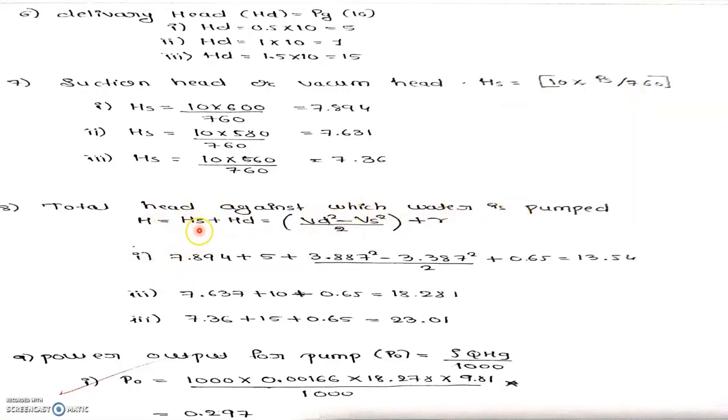Again you use HS, since you already have HD and HS over here, plus Vd square minus Vs square by 2G, plus X. This is X, not R. Using that formula you find the total head, and from that you find the total output power of the pump.